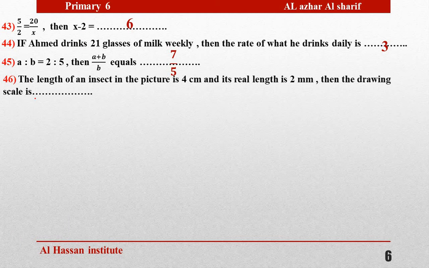Next, the length of an insect in the picture is 4 cm and its real length equals 2 mm. Then the drawing scale is space. Here I want to find the drawing scale. Drawing scale equals length in drawing over length in reality. So length in drawing equals 4 cm, length in reality equals 2 millimeters.